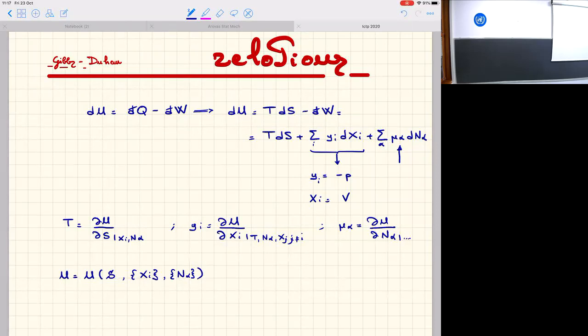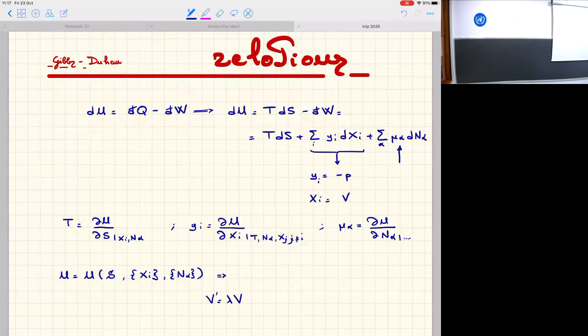Total magnetization, total dipole moment, they're all extensive variables, including the entropy, which means that if I rescale the volume by a factor of lambda, well, how is this going to transform?